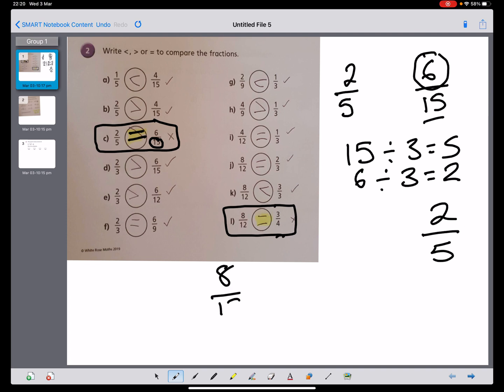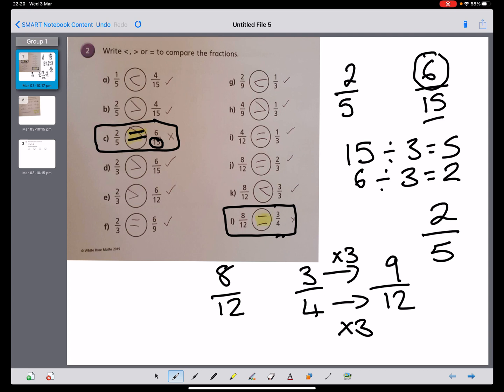So I've got 8 over 12, and then the other side I've got 3/4. To make 12, I need to multiply by 3, which means the top number also needs to be multiplied by 3, which gives me 9. So actually 3/4 is larger.